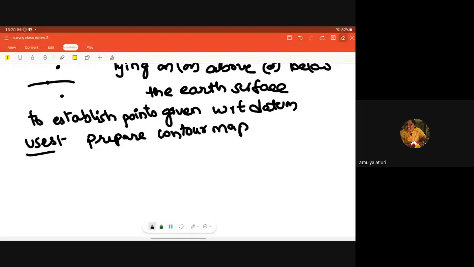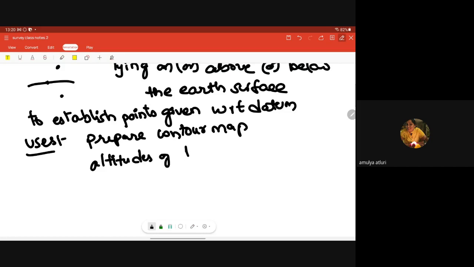If we join points of equal elevation, we can prepare the altitude contour map. Next, altitudes of different points. Altitude is nothing but height in general. If I want to know the height of a hill, I can do this with the help of leveling.